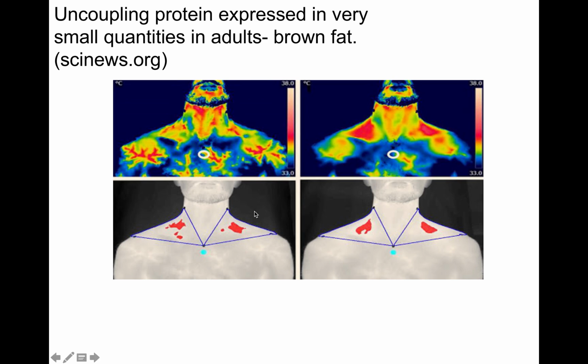Okay, these are thermal scans, by the way, and just showing that these areas are super warm in this person. And the amount of brown fat that a person would express is very variable among people, and it is one of the reasons why a thin person may be thin, is that they're expressing more brown fat.